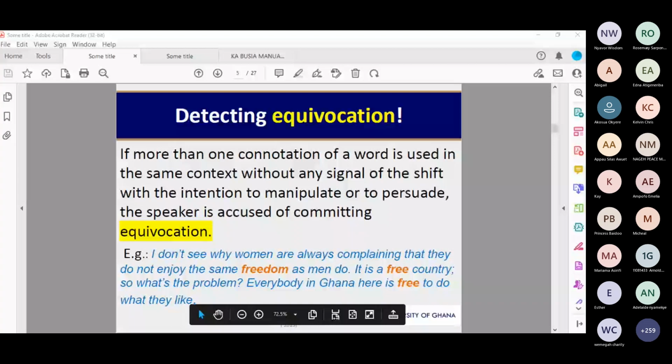So if someone is presenting an argument and tells you, I think that there are certain freedoms that men have that women don't have, and you want to critique it, then the person who wants to critique that says, I don't understand why women are always complaining about the different freedoms that they have from the men, or certain freedoms that men have that they don't have.